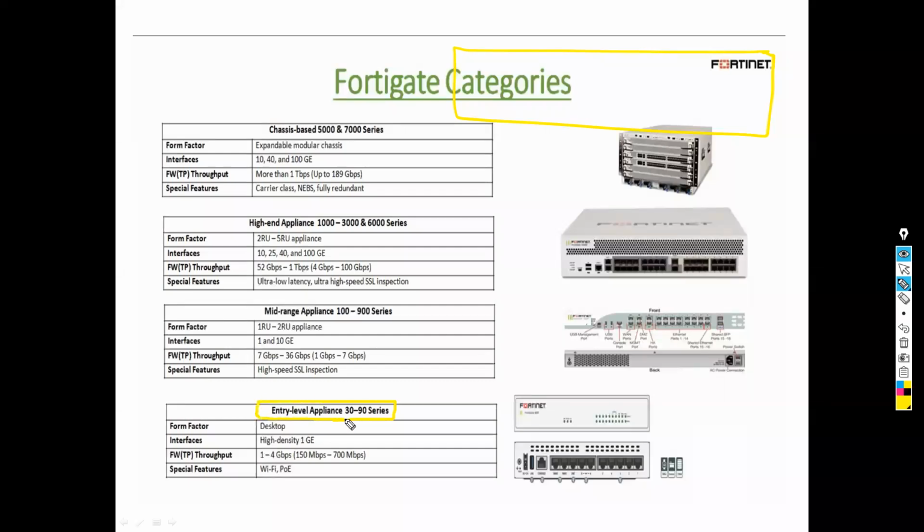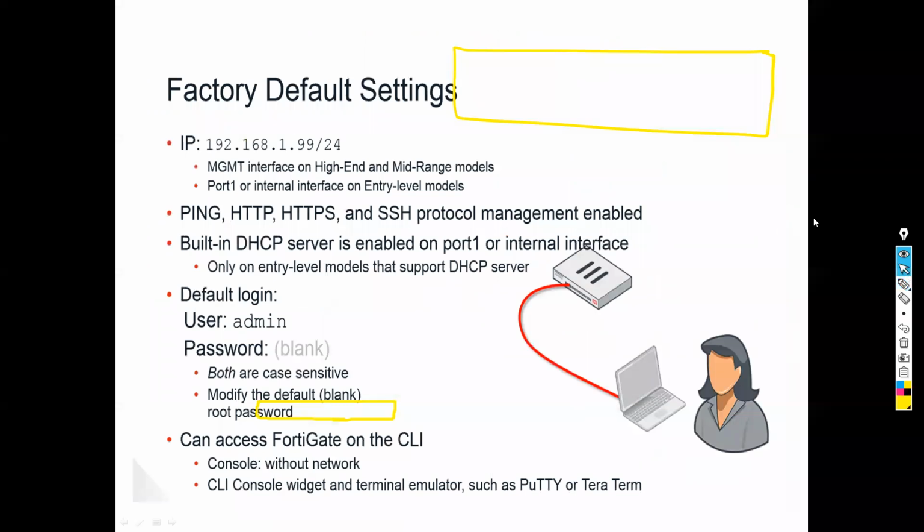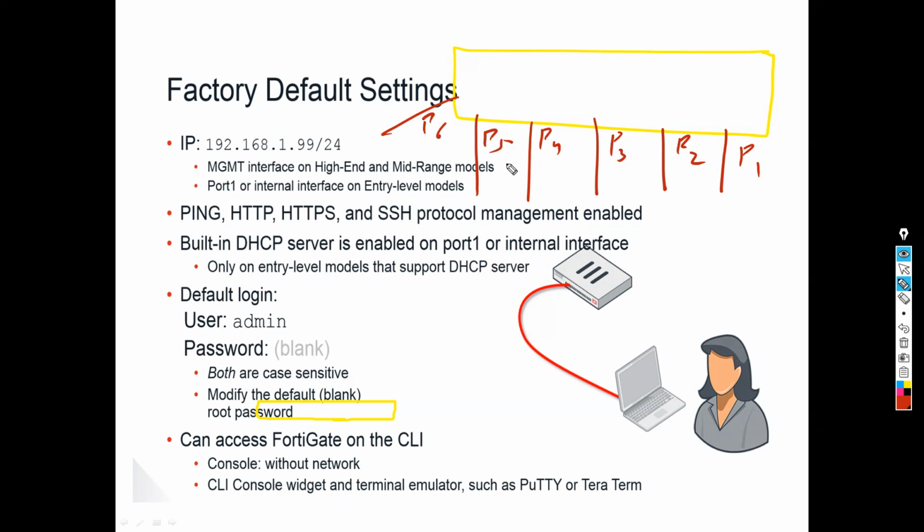On an entry-level firewall box, we have only data interfaces, for example port number 1, port number 2, port number 3, 4, 5, 6. On an entry-level firewall box, we can use port number 1 as a management port. You can use any port as a management port, no problem, but port number 1 you can use as a management port.